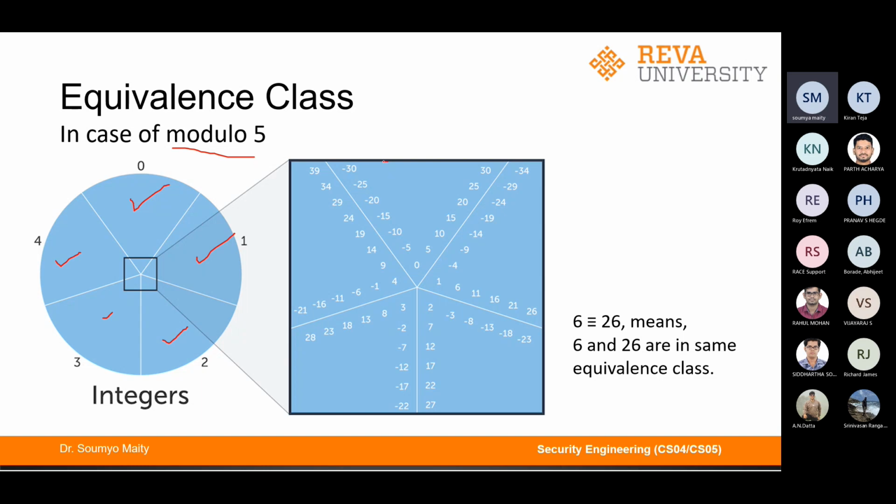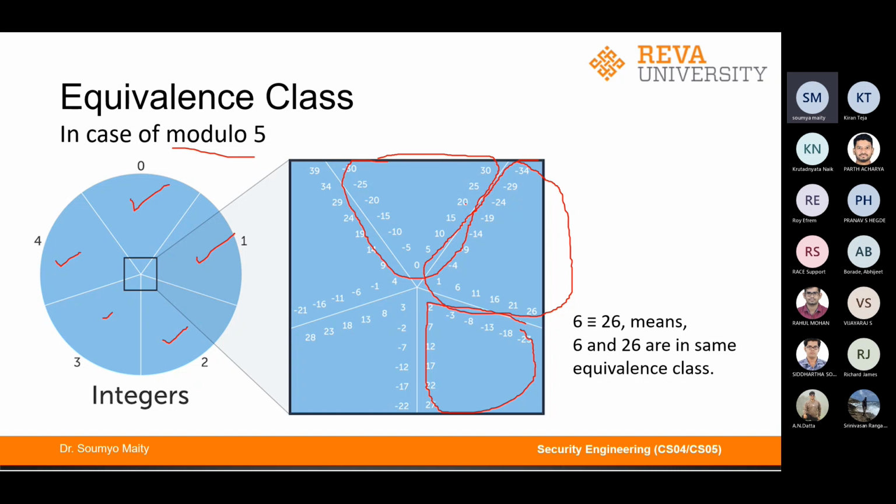Now we take all the numbers that have a 0 remainder and put them in the same bucket. Again, all the numbers in the world that have remainder 1 when we do modulo 5 go in the second bucket, and so on. So we can create 5 such buckets, and inside a bucket, all the numbers are there.